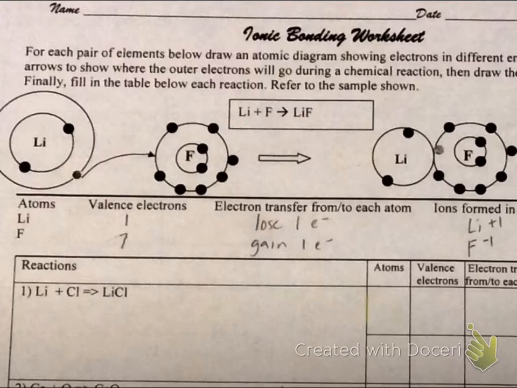Step 2 is to draw the atoms showing the electrons in their different energy levels. To make this drawing, we need to look at the electron configuration. The electron configuration for lithium is 1s2, 2s1.